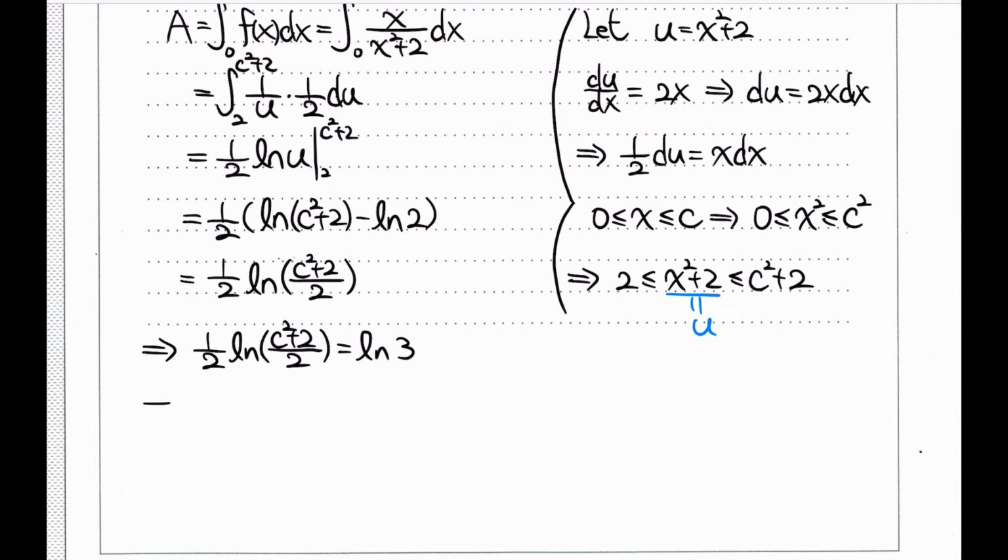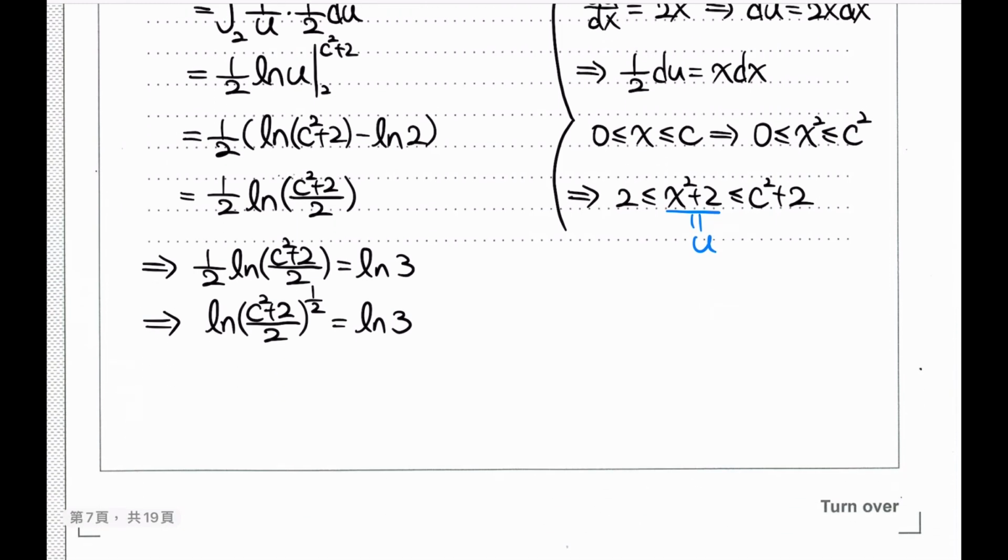And then by the logarithm rule, we can take the constant 1/2 inside the natural log, so we get ln of c squared plus 2 over 2, to the power 1/2, is equal to ln 3.